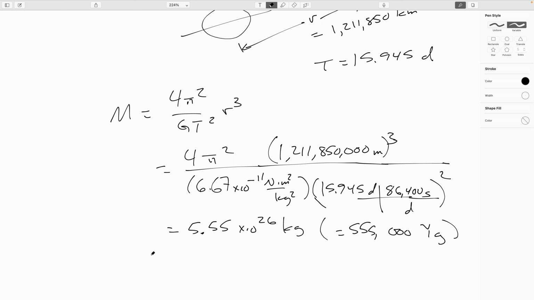By the way, because of the squares and the cubes, this number depends a lot on just how precise and how fussy you are with the calculations. And so I will say that the accepted value using more precise inputs is actually 5.68 times 10 to the 26 kilograms.